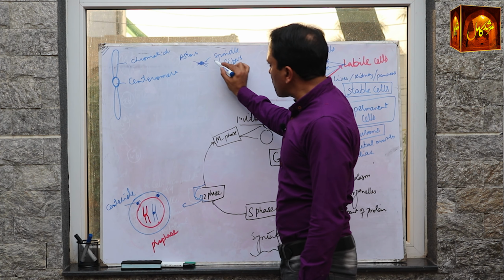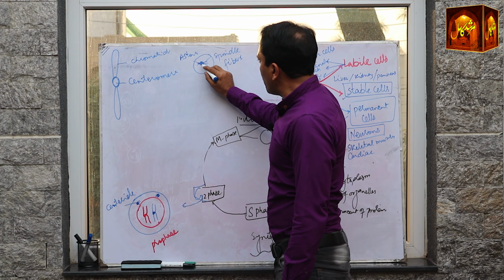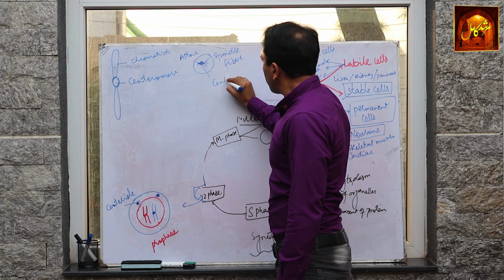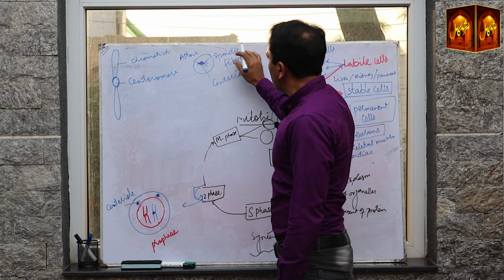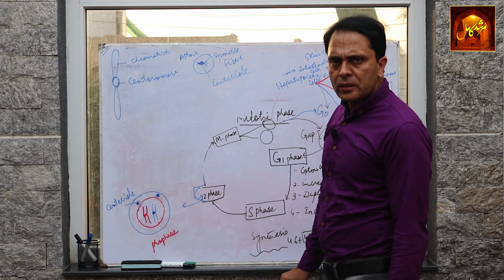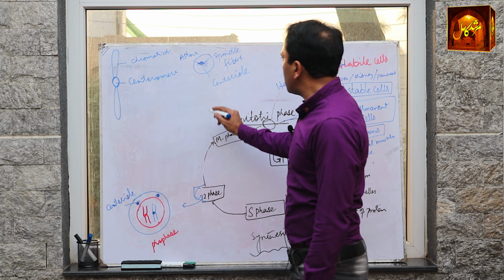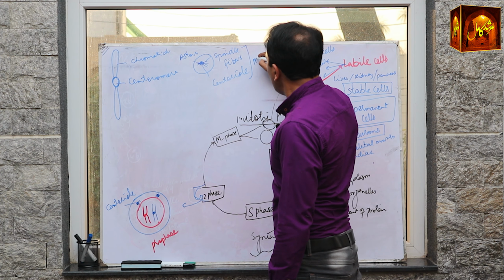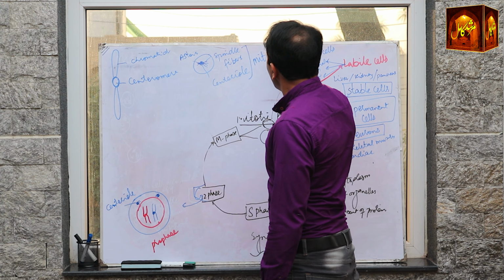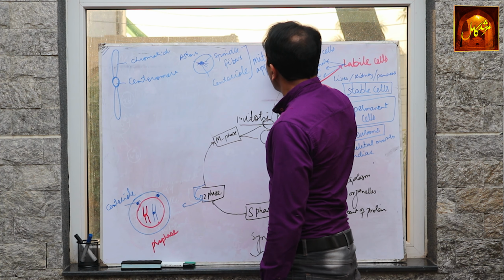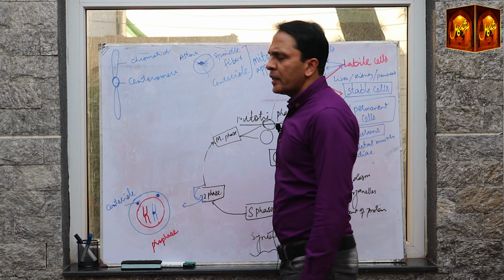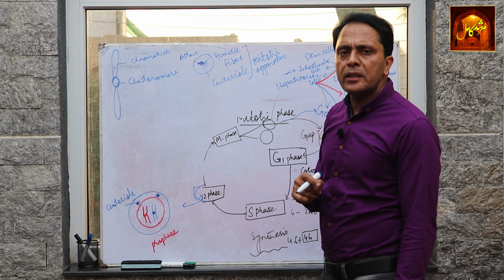So this whole structure where we have a centriole, spindle fibers and asters is called mitotic apparatus, which will play a vital role in cell division.